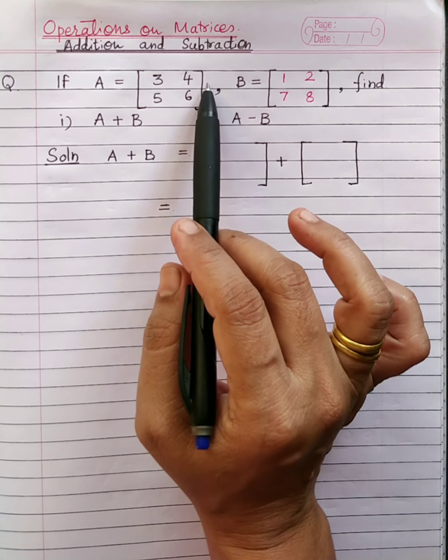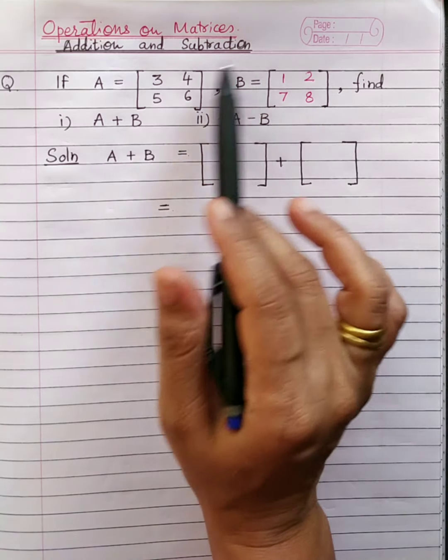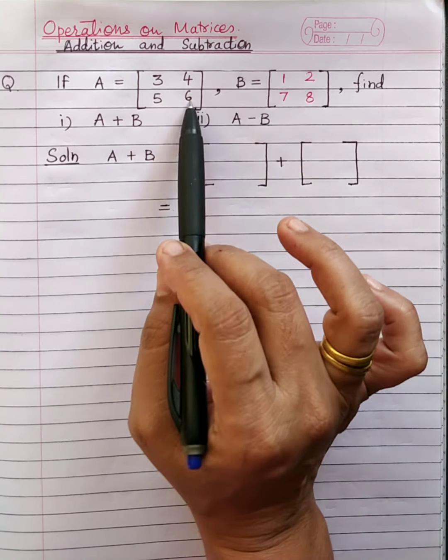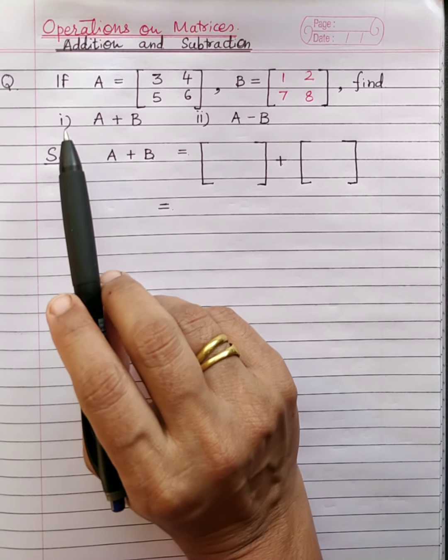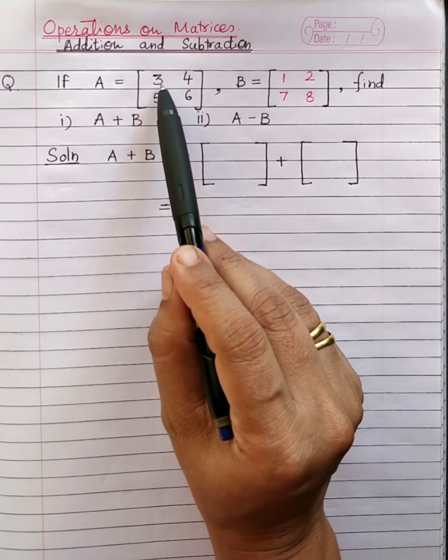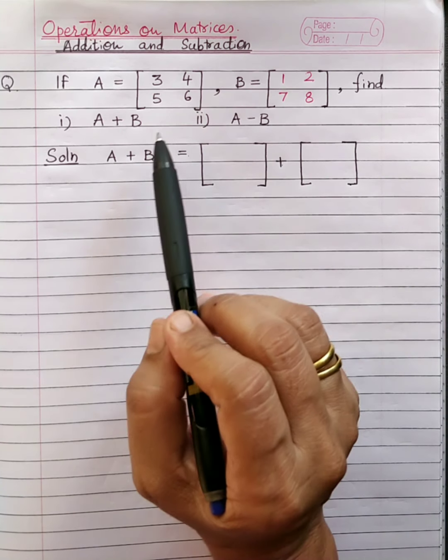The first condition you have to remember is that we can add the two matrices or even subtract the two matrices if and only if their orders are same. Reason for that, addition of any two matrices is actually the addition of the corresponding elements.